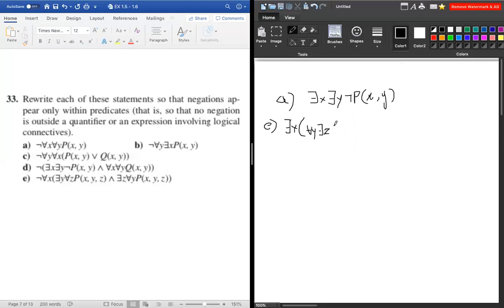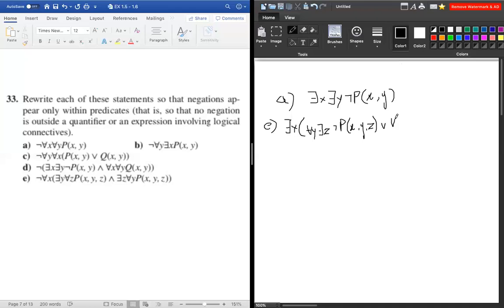And then we just say negation of P of X, Y, Z. When it becomes not and, it becomes or, right?